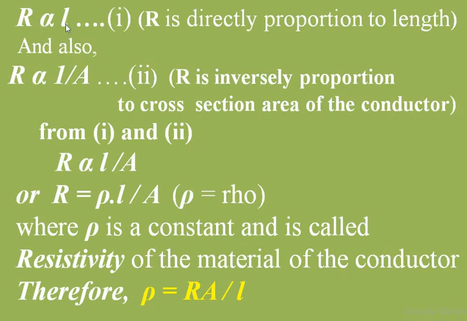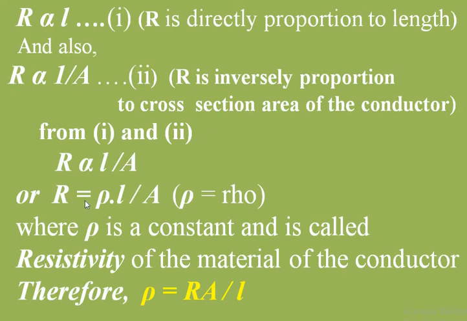We can write it as R directly proportional to L and R inversely proportional to A, and combining these two we get R directly proportional to L by A. These two quantities R and L by A will become equal by putting a constant rho, or we can write R is equal to rho L by A, where this rho is a constant of proportionality and it is called the resistivity of the material of the conductor. So rho is equal to RA by L.